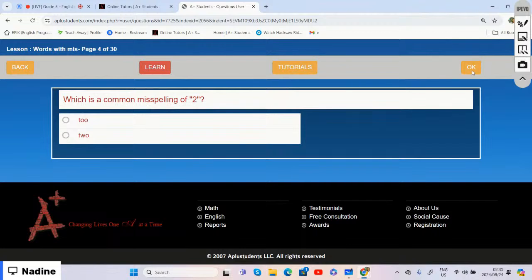And which is a common misspelling of two? Is it the first option, two, which is T double O, or the second option, two, which is T W O, sorry.